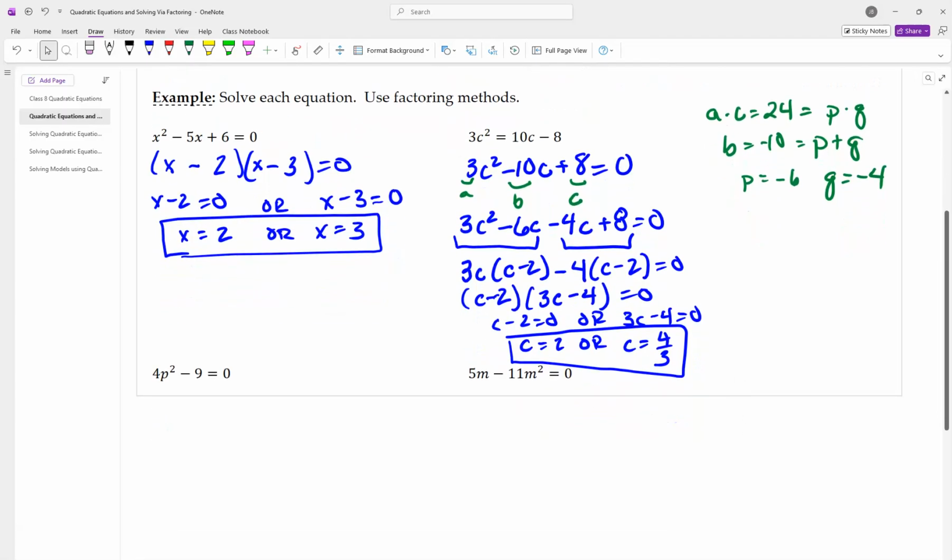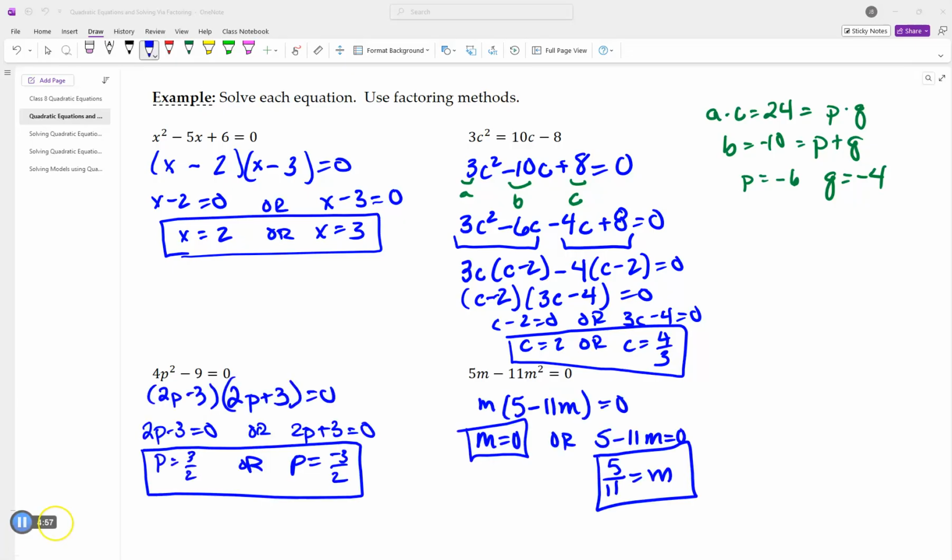We've talked about factoring. I want you to pause the video, try to factor each of these last examples, and resume the video when you're ready to see the factoring and then also the solution. And here we go. The first one was a difference of squares. That was a factor pattern.